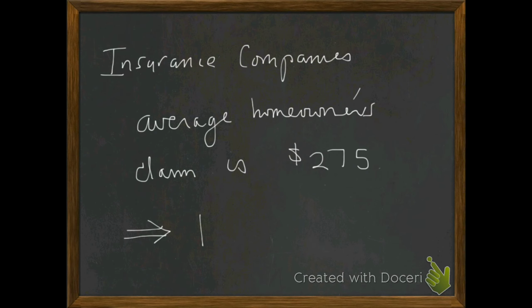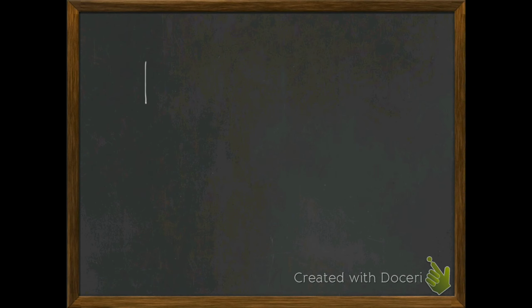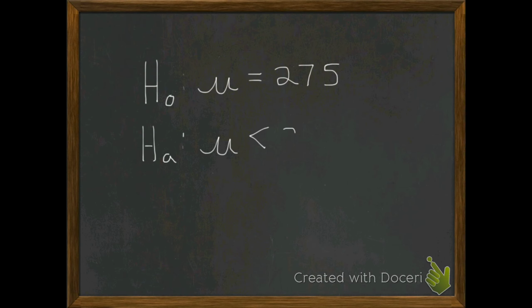You feel that the average is lower than $275. Okay, set up the null. What's the motivation for your test? We think the claim is less than $275, so we're going to put less than.